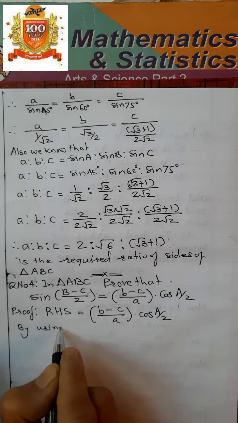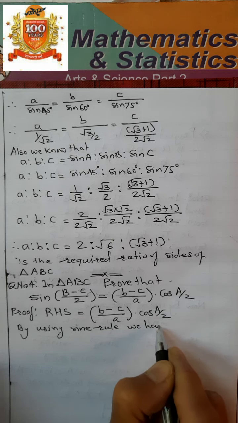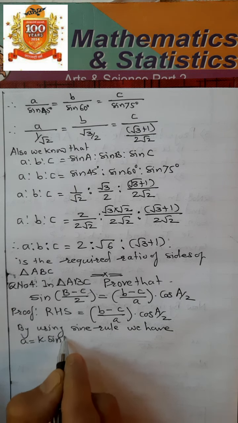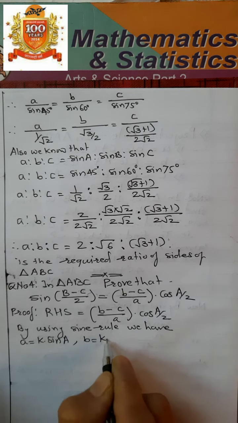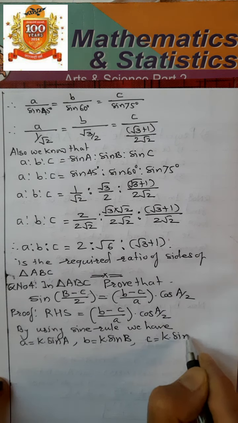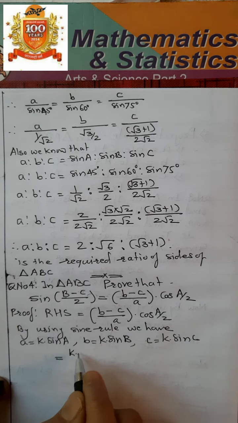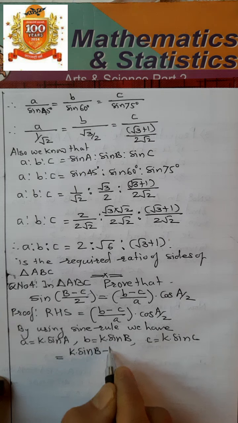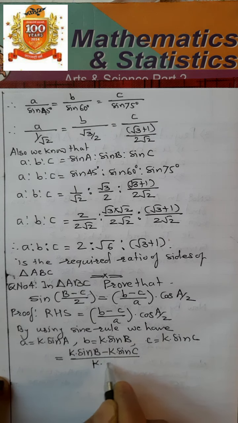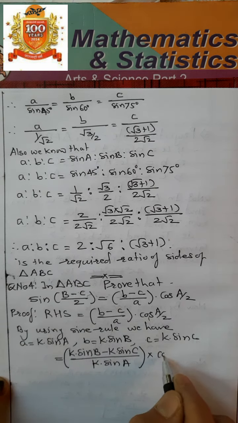By using sine rule, we have a is equal to k into sine A, b is equal to k into sine B, c is equal to k into sine C. Therefore, k into sine B minus k into sine C upon k into sine A into cos A by 2 as it is.